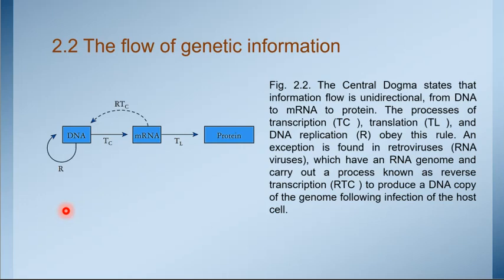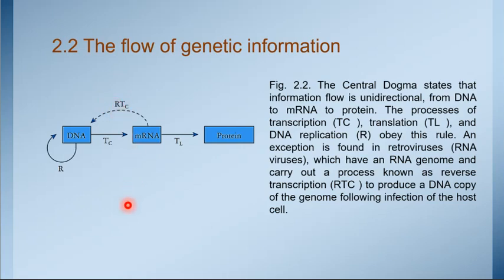A second addition, with important consequences for the genetic engineer, stems from the fact that some viruses have RNA instead of DNA as their genetic material. These viruses, chiefly members of the retrovirus group, have an enzyme called reverse transcriptase.